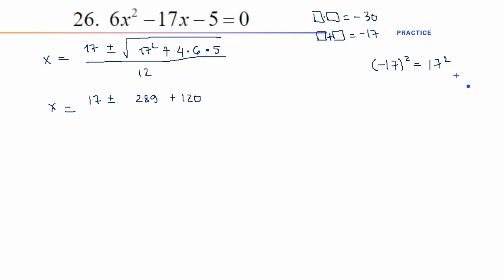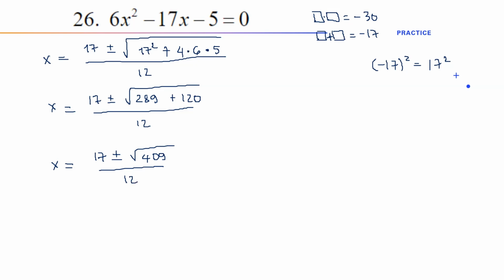How do we calculate this one? 4 times 6 times 5. So I will multiply 4 times 5 is 20, times 6 is 120. That's faster. Over 12. 17 plus or minus the square root of 409 over 12. And this is not a nice number, so that's why we could not use completing the square, but go straight to the quadratic formula.